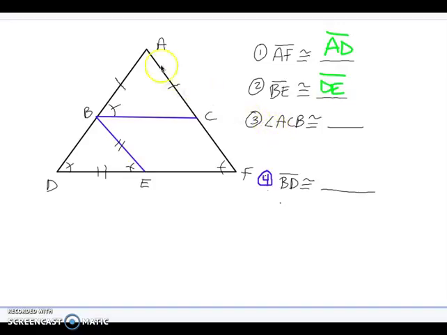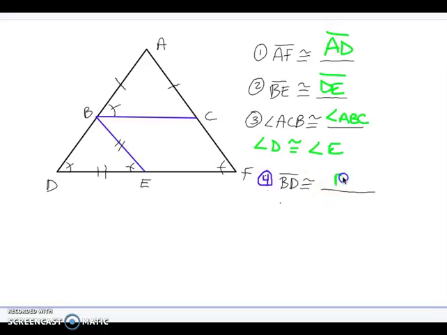Angle ACB is congruent to angle ABC. Angle D, right there is angle D, would be congruent to the other base angle E. And segment BD, right here, would be congruent to segment BE because you can see that these would all be equal.